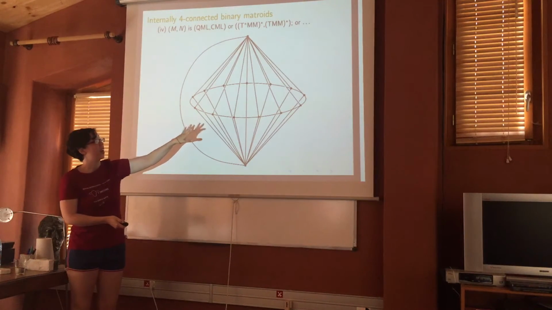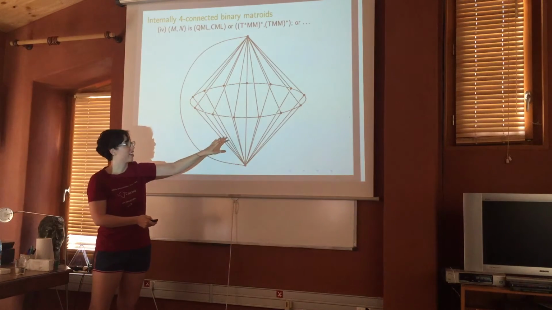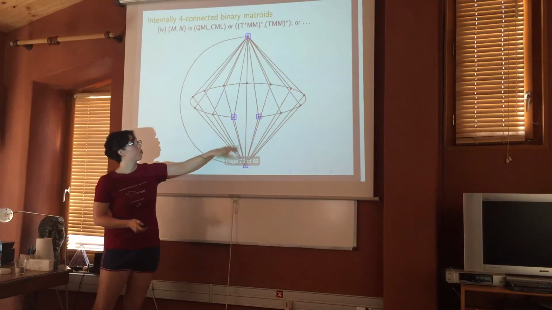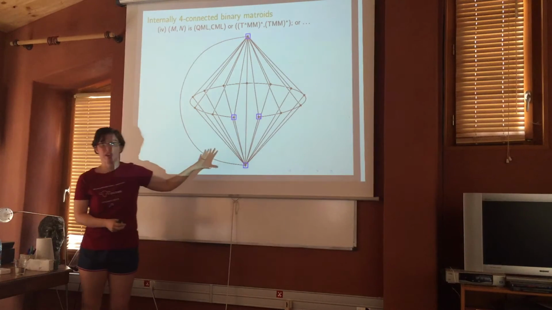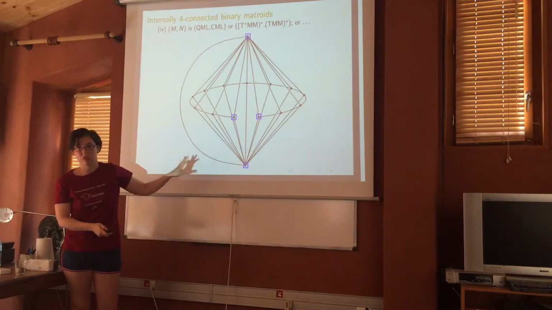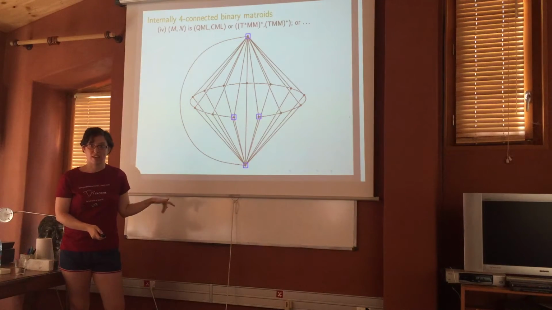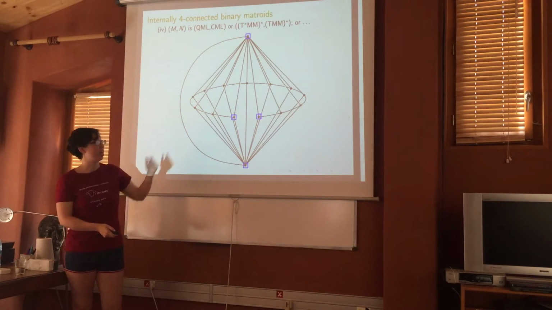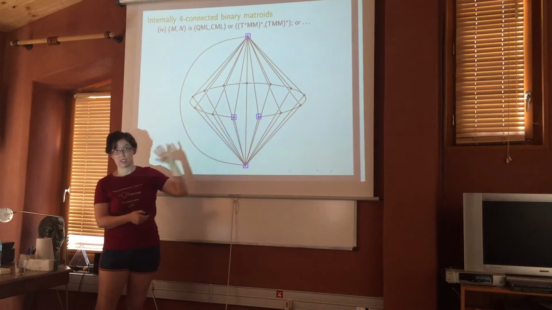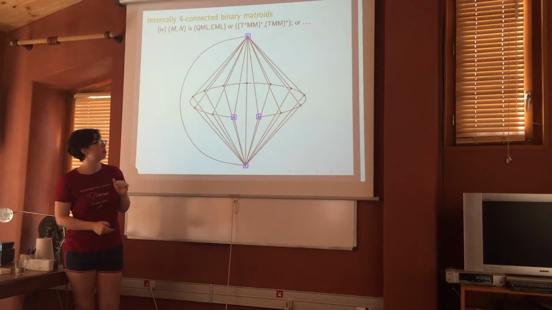This is not exactly what you get. What you get is obtained from your double Mobius wheel by removing this edge and adding a hyperedge that's incident with these 4 vertices. So this is your triangular Mobius matroid that you get as your minor. And this is internally 4 connected. Because even though that looks like a degree 3 vertex, it's incident with a hyperedge, so it's okay.